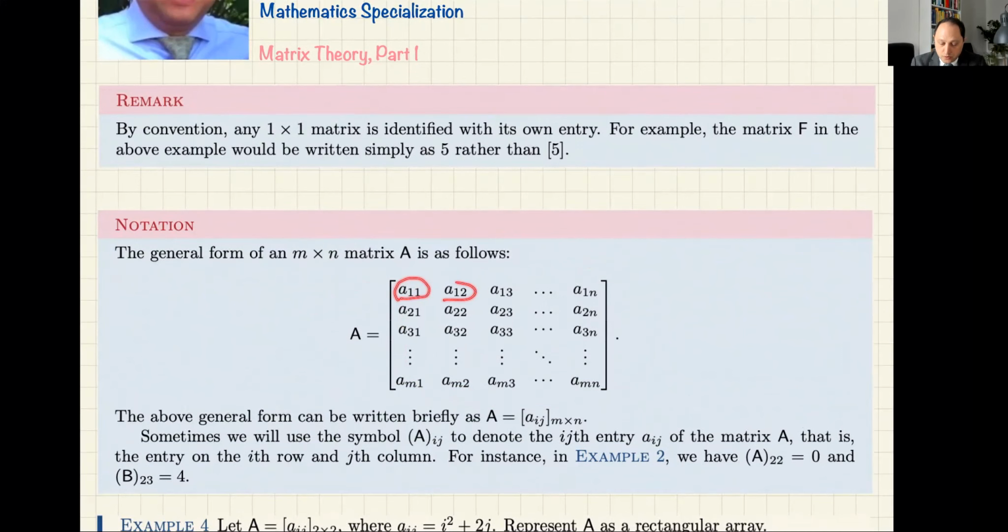This is on the first row but second column. This is why the first index is still 1, the second index is 2. And if I go to the next one, this is the entry sitting on the first row and the third column. And I continue up to A sub 1n.